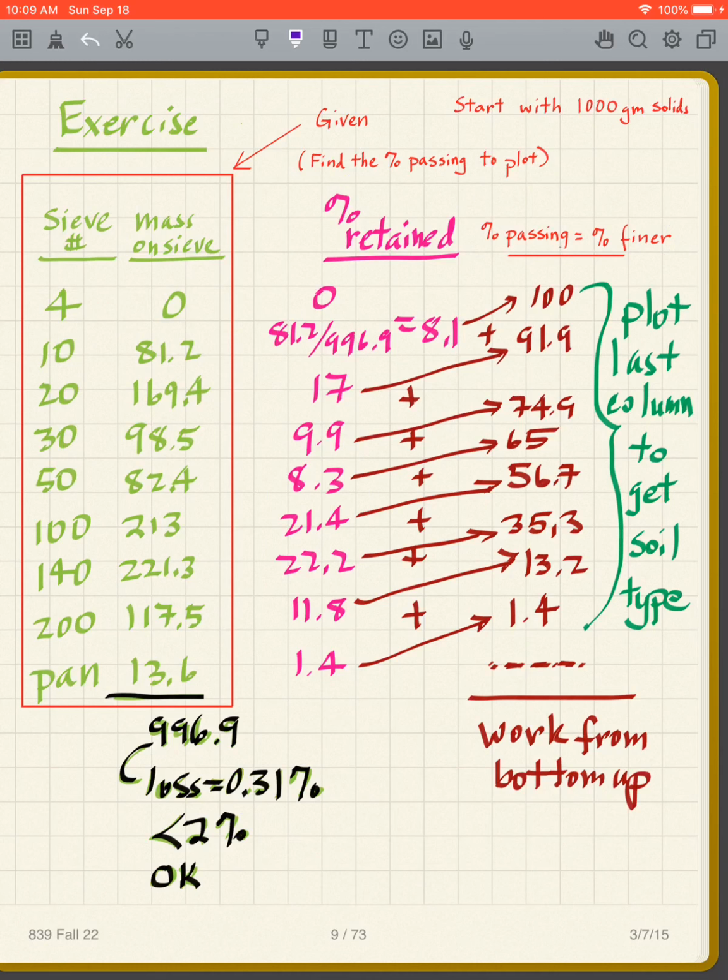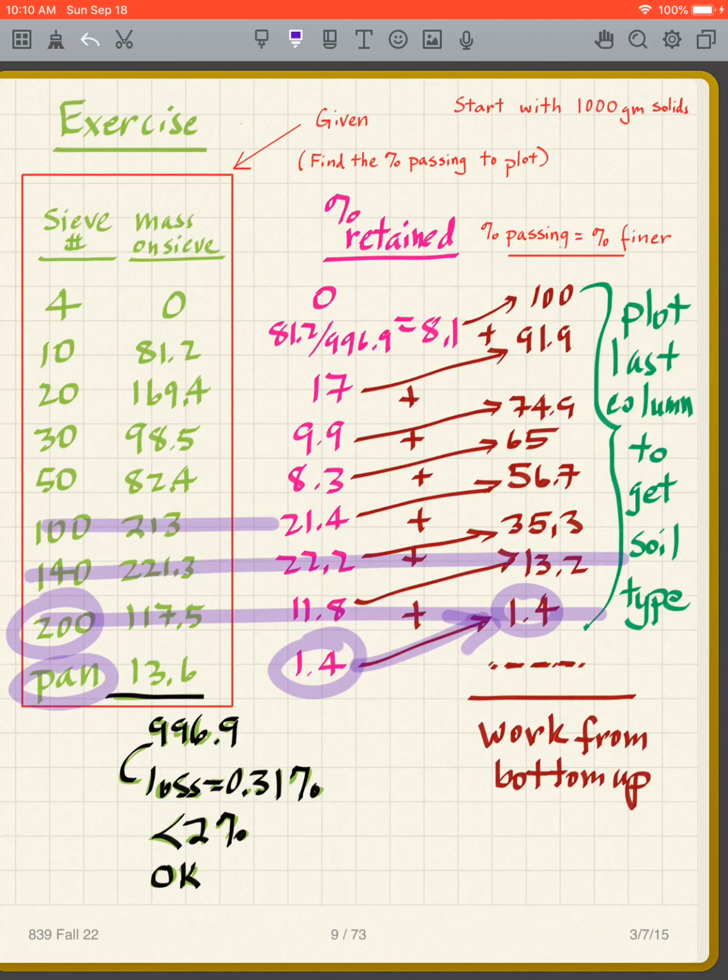Well, if you remember from the class, the easiest way is to work from the bottom up. In other words, if there's 1.4% in the pan, that means 1.4% has passed the number 200 sieve. So I just simply move this up here, because that means that I work across here. All of these numbers work across like that.